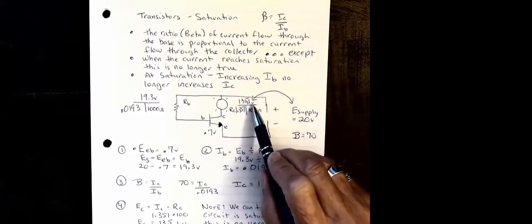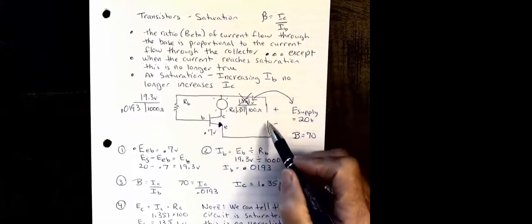I compare the supply to what this calculation has given me, and I realize that that's not a realistic number. I don't have enough voltage there to give me 135.1 volts. So in reality, it can't be that number.